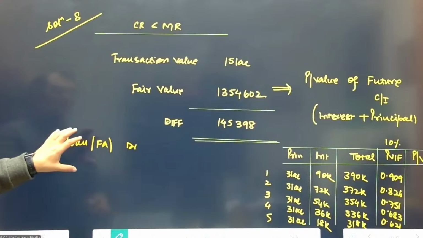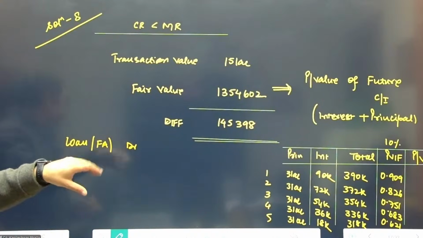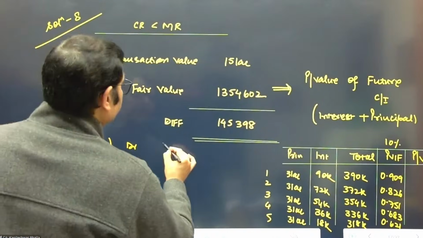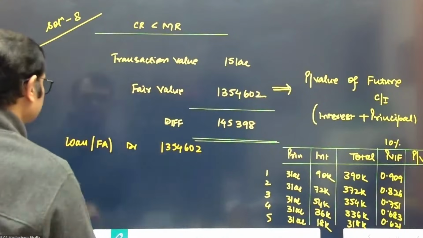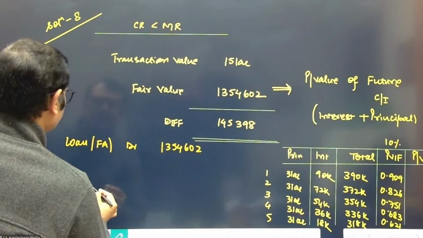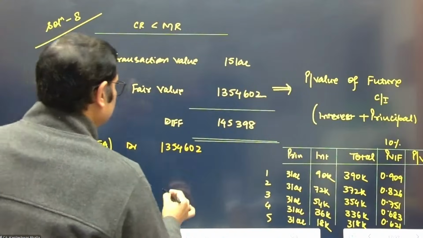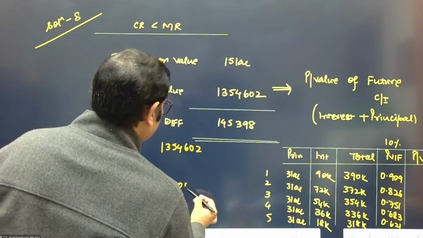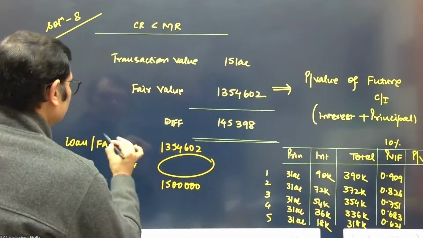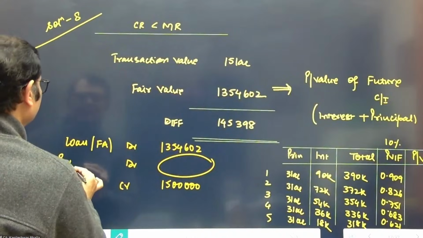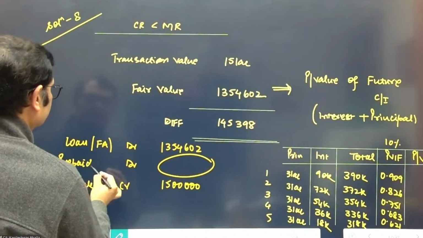This is the entry in the books of the employer. We capture this at the fair value, 13,54,602. The bank in this case gets a credit to the extent of 15 lakhs. And the balancing figure is taken as a prepaid staff cost.